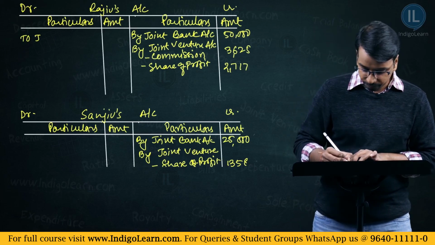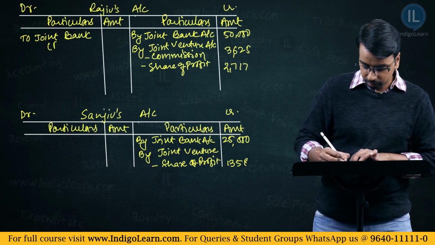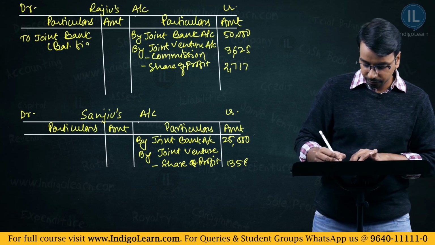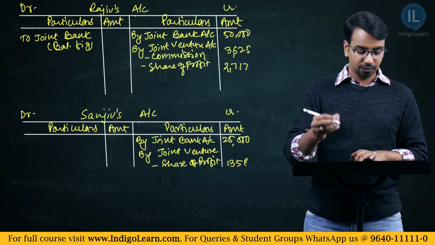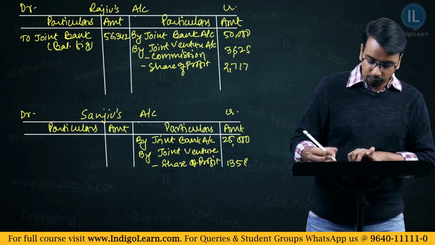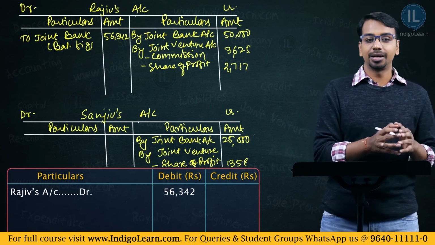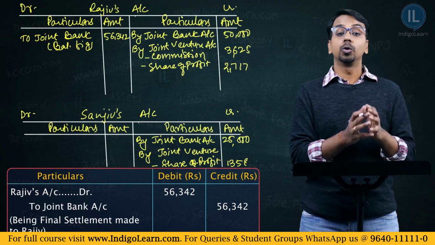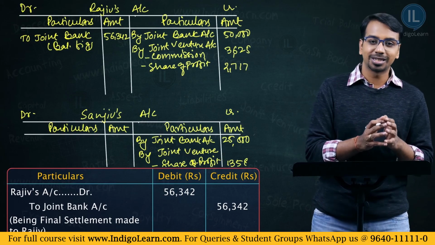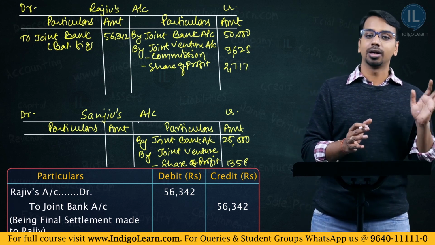So to joint bank, balancing figure 56,342. What will be the journal entry for this? Rajiv's account debit 56,342 to joint bank account 56,342 being final settlement made to Rajiv.